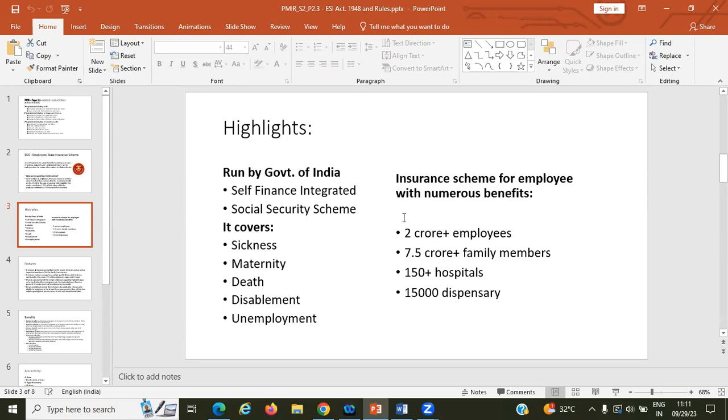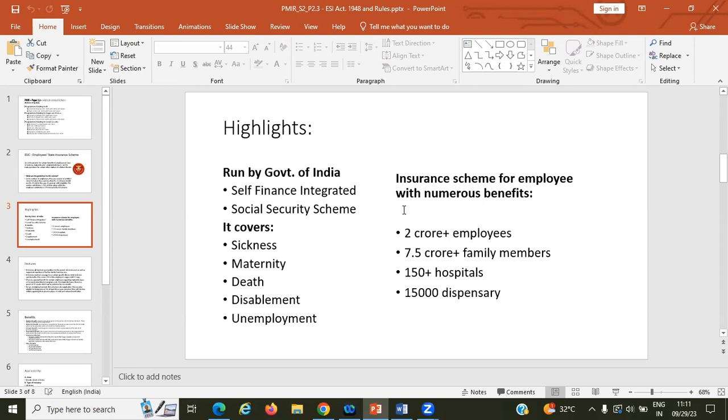Some numbers for that scheme. There are this many employees covered under this scheme: 2 crore plus employees and 7.5 crore family members. So when an employee is covered, their family members can also claim.